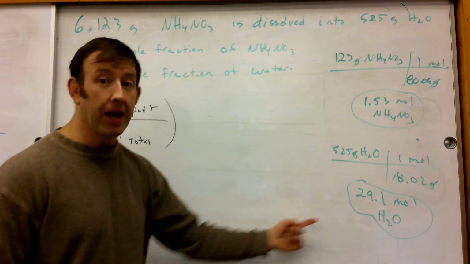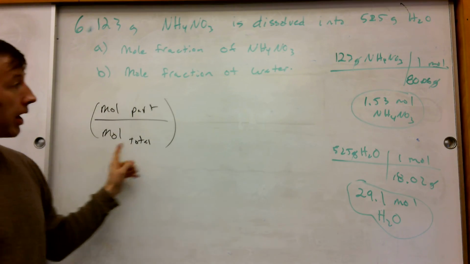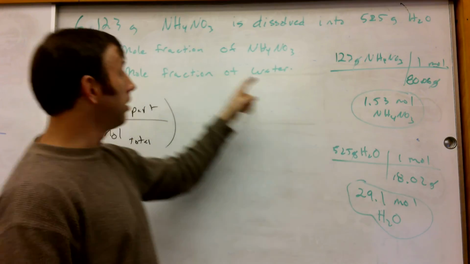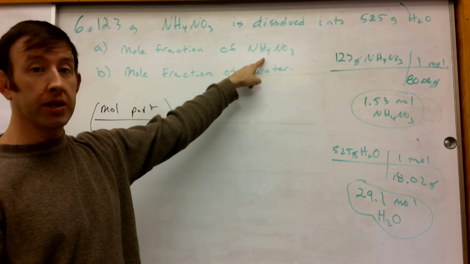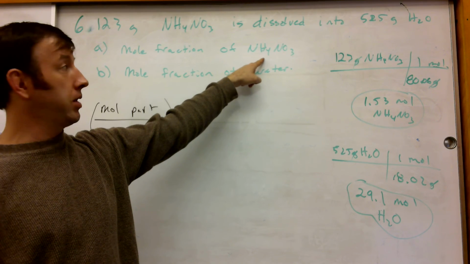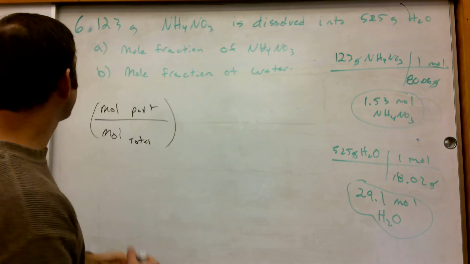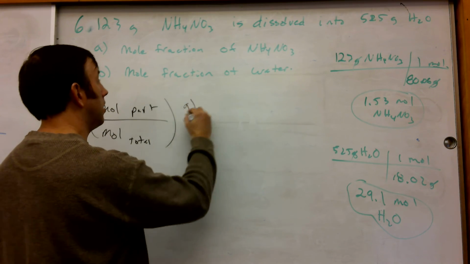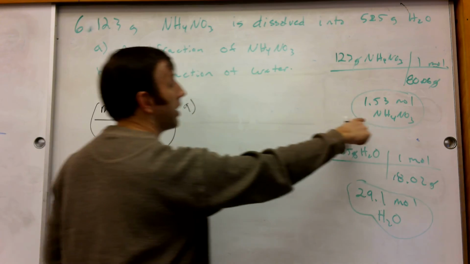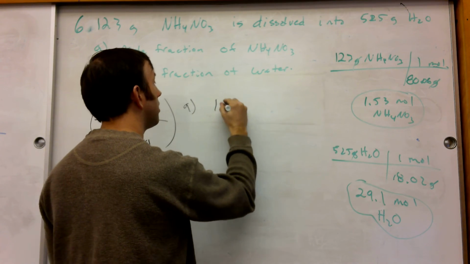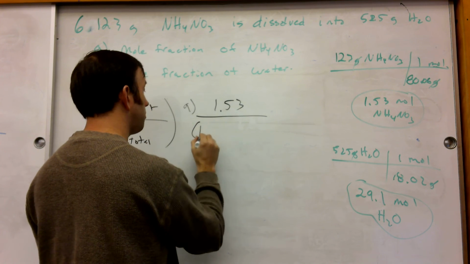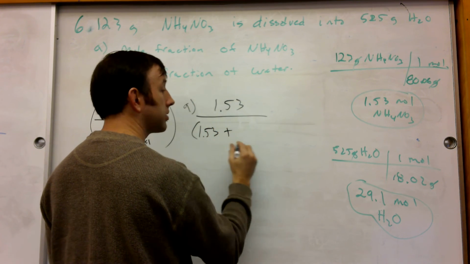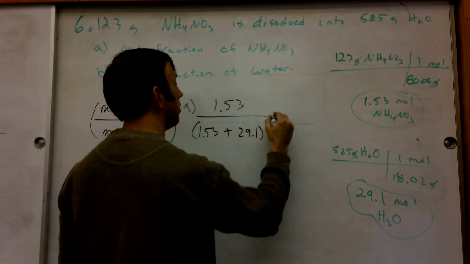So that plus that goes on the bottom, okay? Which part do I want? Look at the question. I want to know the mole fraction of ammonium nitrate. So my moles of part would be the number of moles of ammonium nitrate. So for 6A, how many moles of ammonium nitrate do I have? 1.53 over total 1.53 plus 29.1.